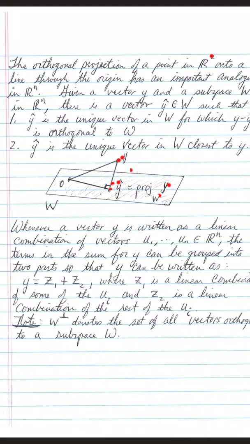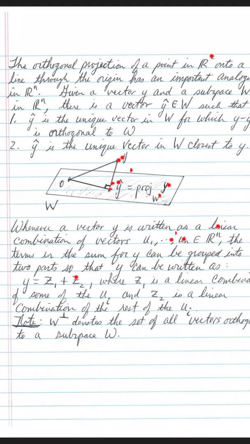Whenever a vector y is written as a linear combination of vectors u1 through un in Rn, the terms in the sum for y can be grouped into two parts so that y can be written as y equals z1 plus z2. z1 is a linear combination of some of the u vectors from this u1 through un set, and z2 is a linear combination of the rest of them.